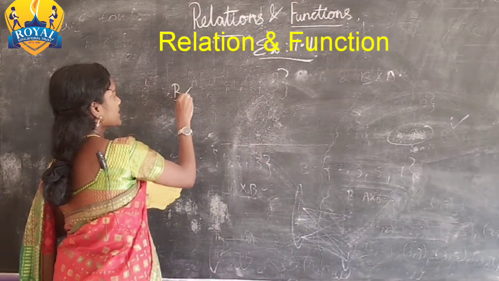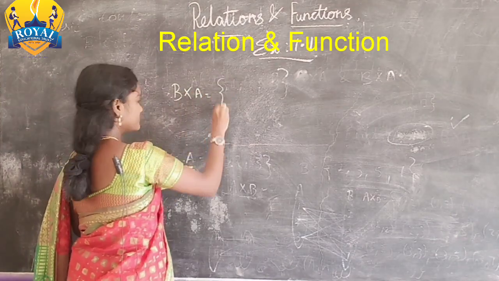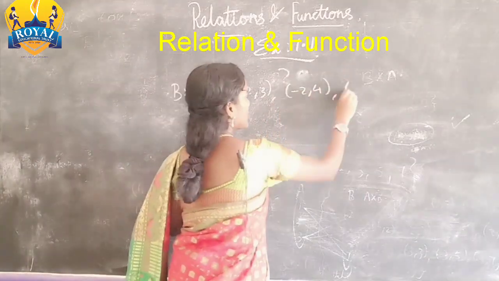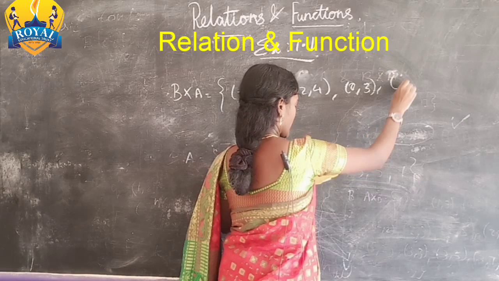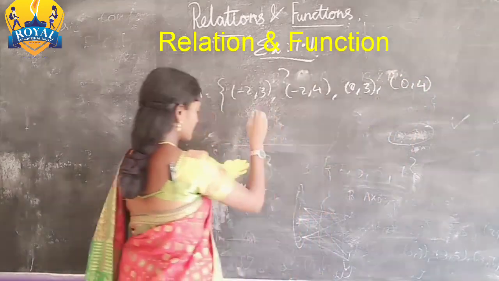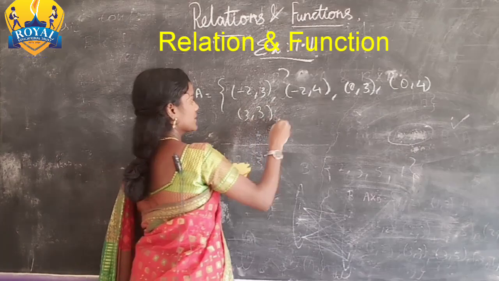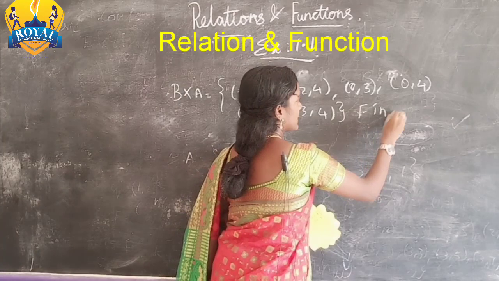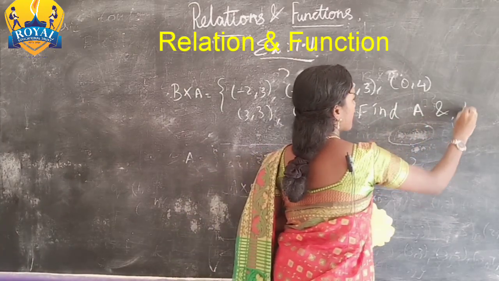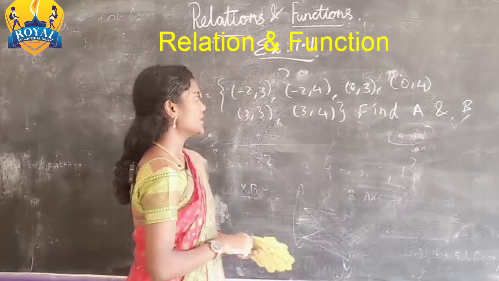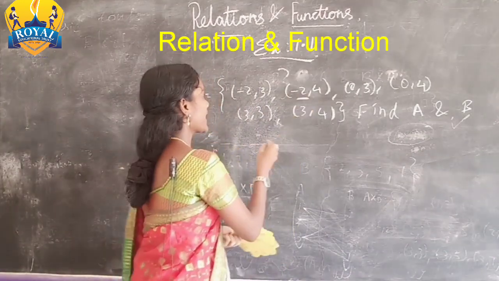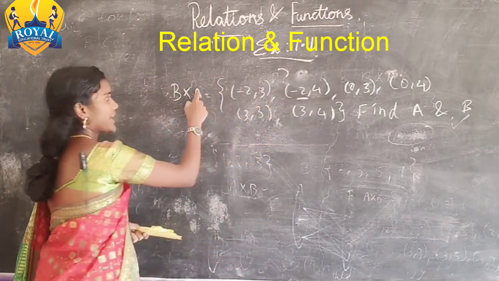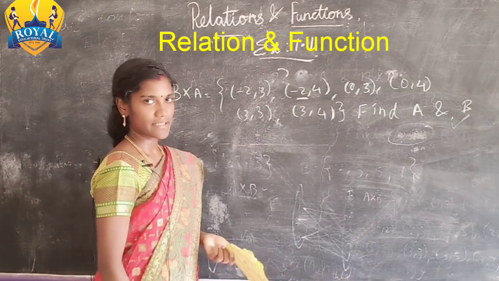If B cross A is equal to {(-2, 3), (-2, 4), (0, 3), (0, 4), (3, 3), (3, 4)}, find sets A and B. Already you learned the first coordinate is from the first set and the second coordinate is from the second set. Okay.